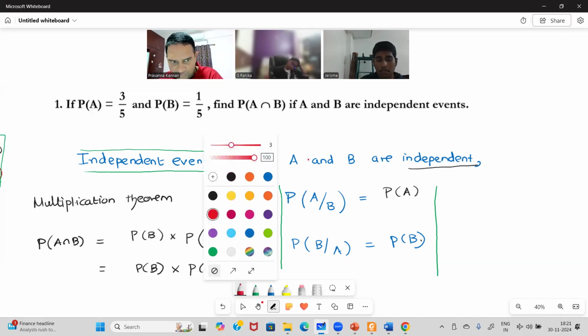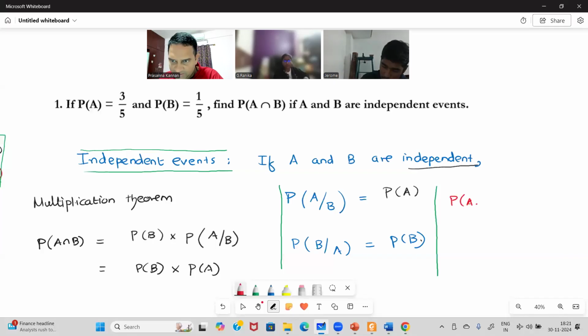Ranika, can you tell me the other form of the multiplication theorem? P of A intersection B can be written as what? First tell me the normal formula. It is P of B into P of A given B. Okay, that Jerome has told. Can you write it in any other way, Ranika? Is there any other way of writing P of A intersection B?